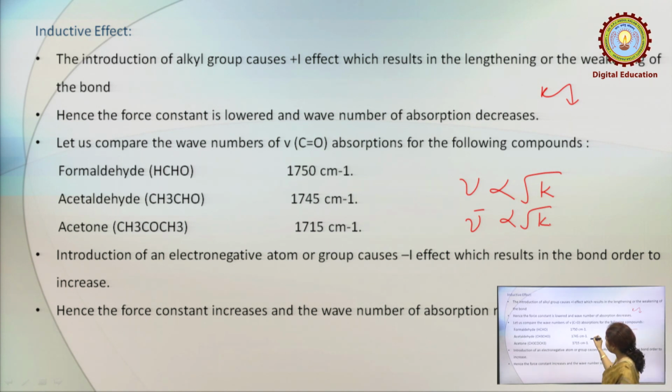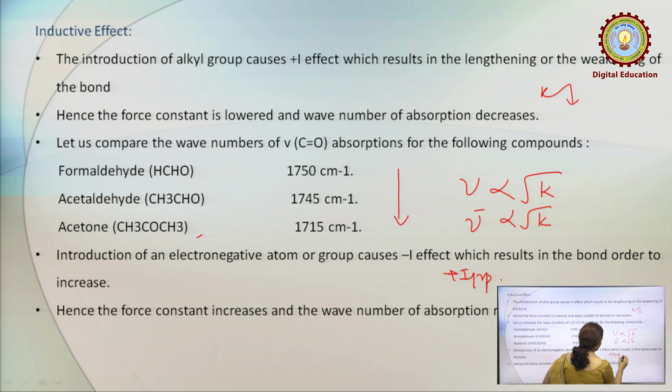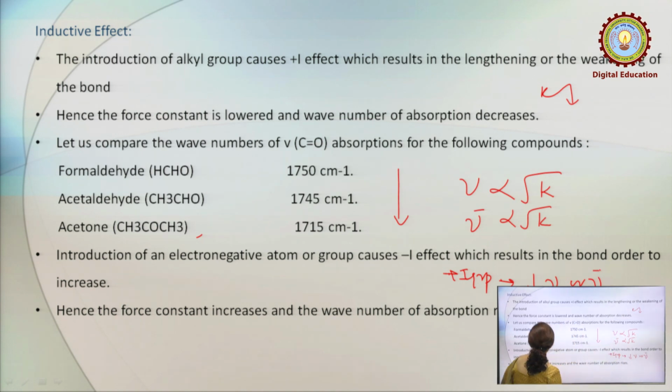In formaldehyde there is no plus I group, so it has the maximum absorption frequency, while in acetaldehyde there is one plus I group and in acetone there are two plus I groups. So the wave number of absorption decreases. To summarize, the plus I group decreases the absorption frequency or wave number of absorption.